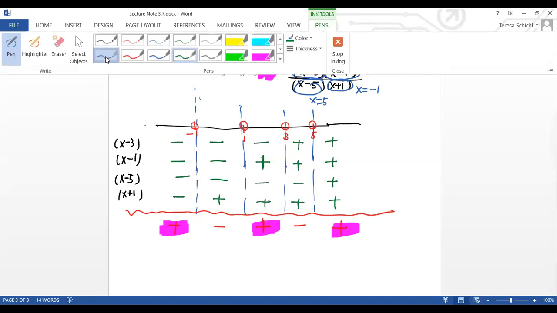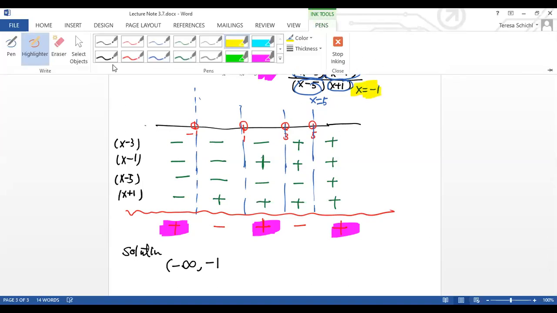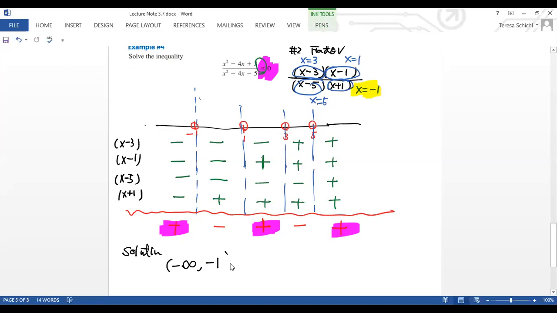So my solutions: the first interval is from negative infinity all the way to negative 1. Because of the equal sign, I need to decide on a bracket or parenthesis. Negative 1 is on the denominator, so I cannot put a bracket; I need to put a parenthesis.